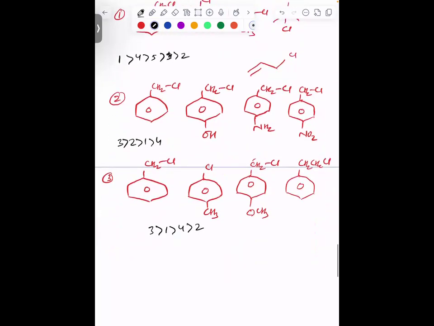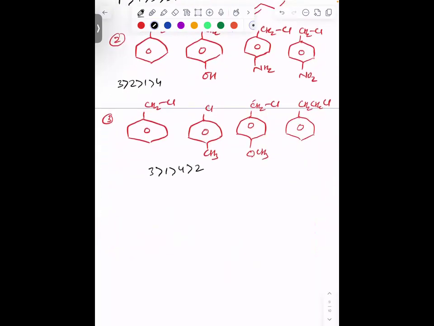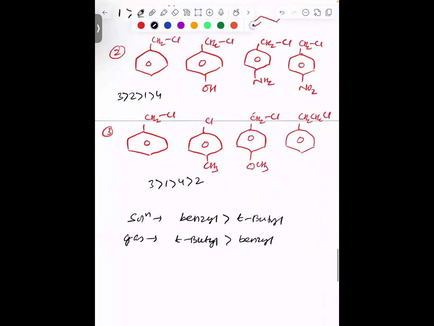tertiary butyl. Between benzyl and tertiary butyl, in the solution phase, benzyl is more stable than tertiary butyl. In the gas phase, tertiary butyl is more stable than benzyl.